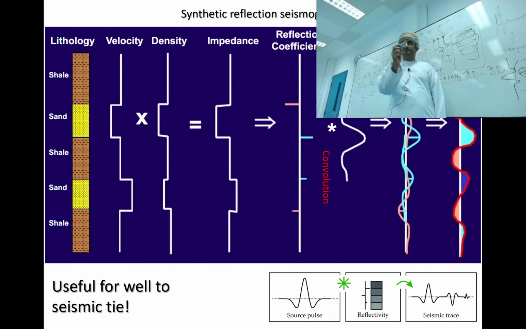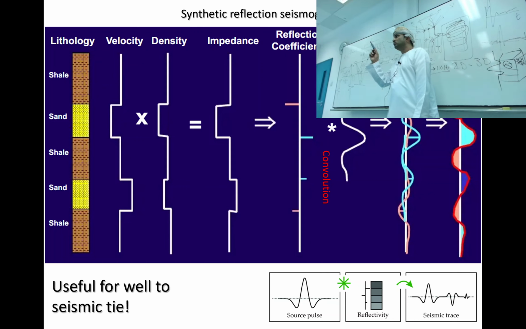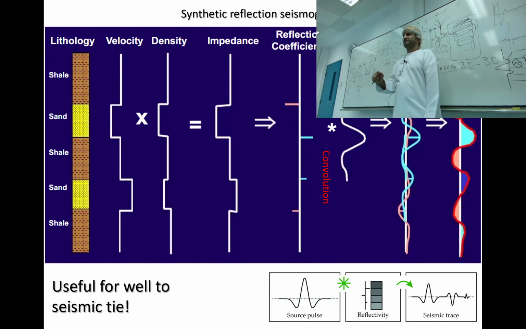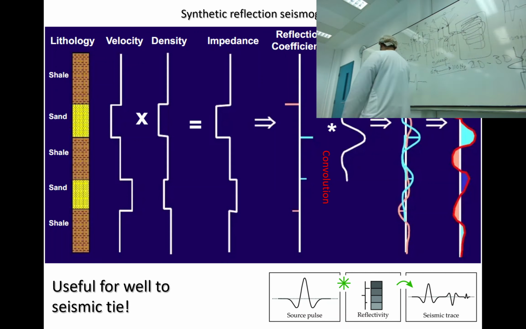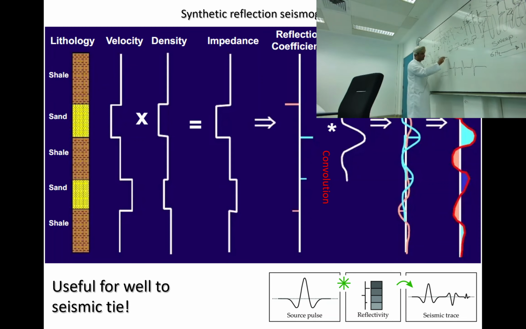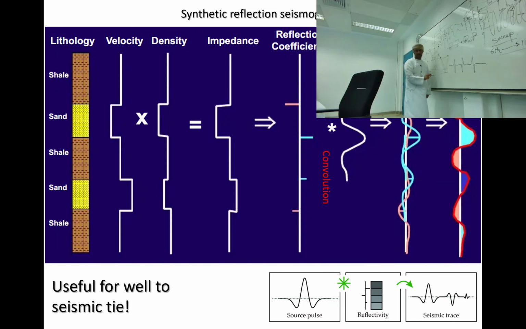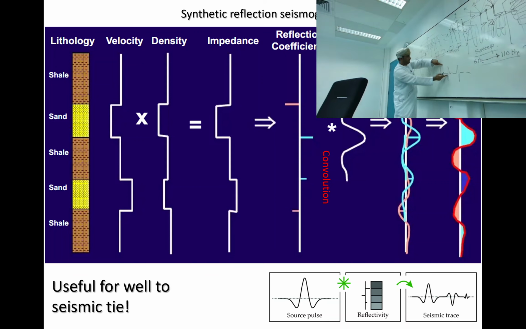So if I have two layers close to each other, I have two layers very close to each other. What happens? These layers are close to each other. This is the source here and these are the geophones. The energy goes and comes back, and here the energy goes and comes back. I have two reflections. Each one resembles the size of this wavelet.